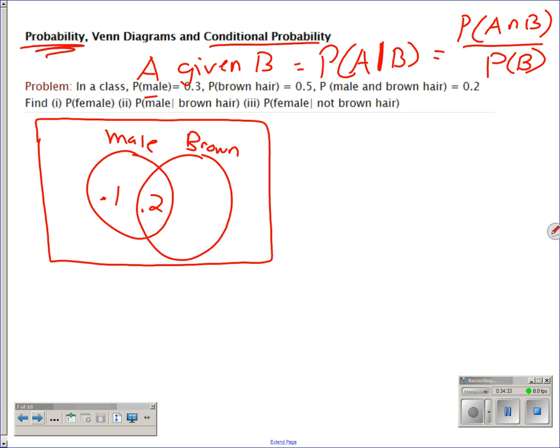The probability of brown hair is 0.5, so the whole circle adds up to 0.5. Now that's 0.6 total, how much is left over? 0.4. What does that 0.4 represent? The probability of being a female that does not have brown hair.